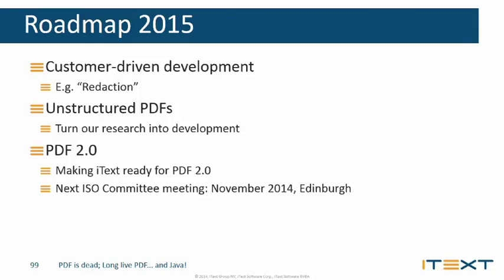For 2015, after the experience with PAdES 5, we like to tune our roadmap based on what customers need. One of the things that is now asked by many different customers is redaction. What is redaction? Well, you saw that words in a PDF aren't really words. They can be snippets of more than the word or only the different characters.